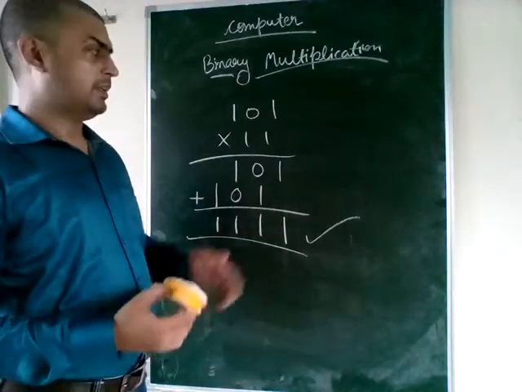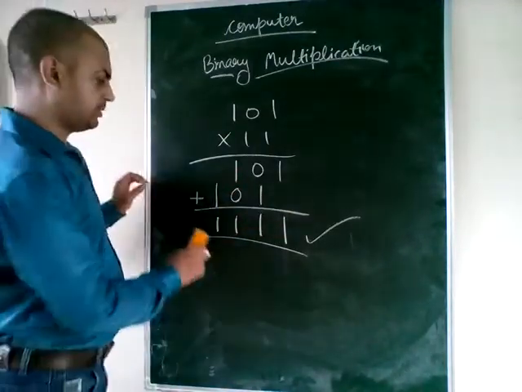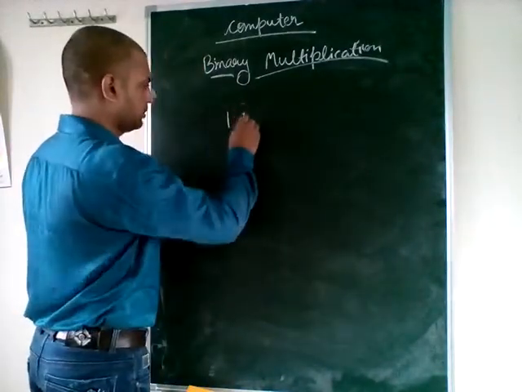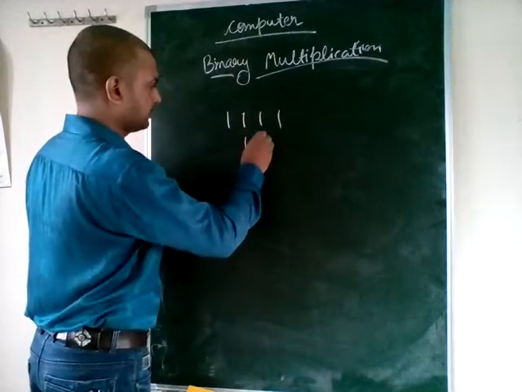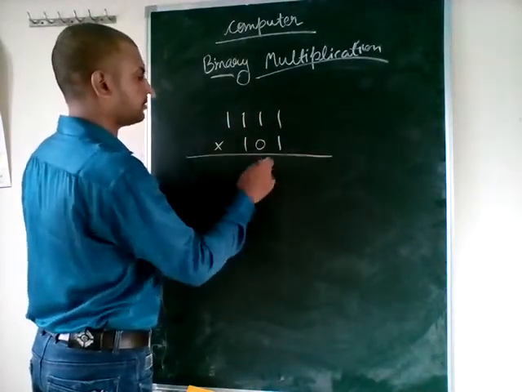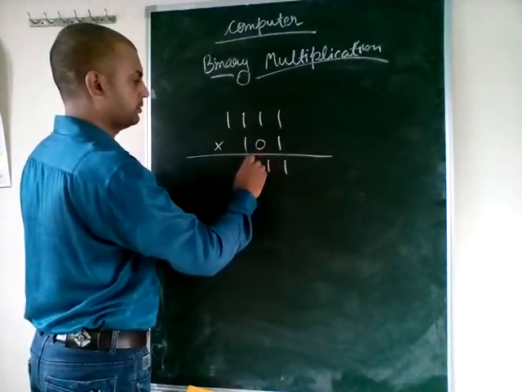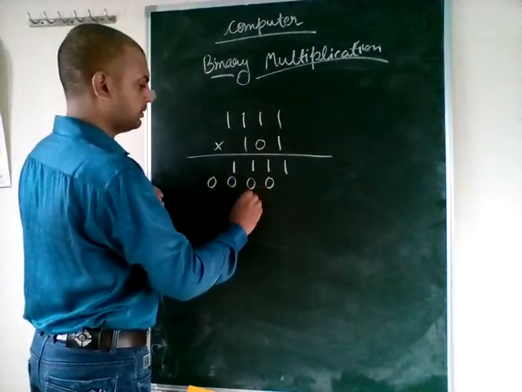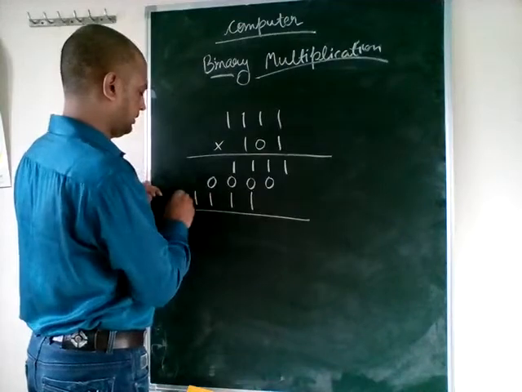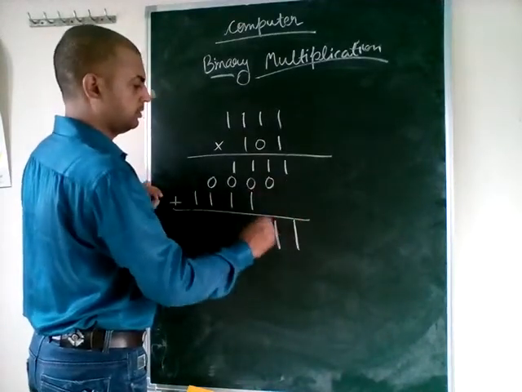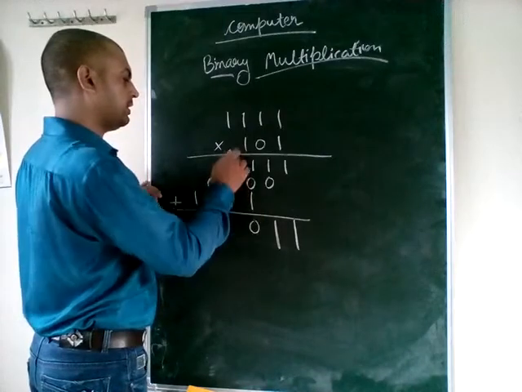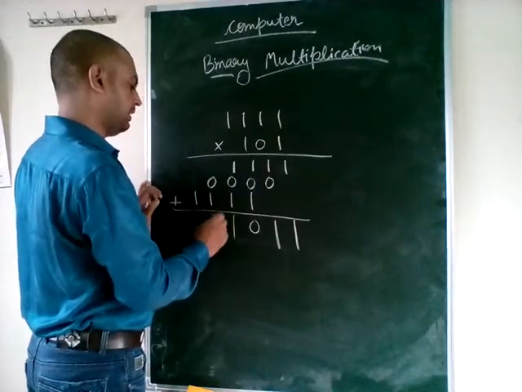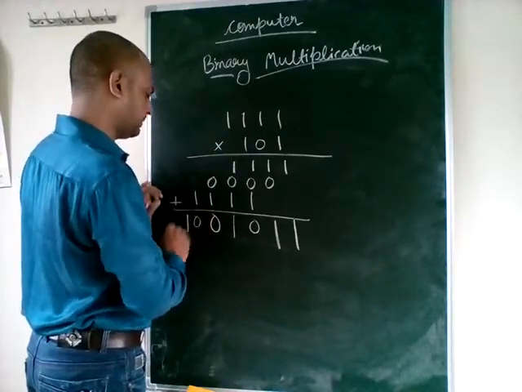In this, note down the question. Now the next question. Multiply by 1, multiply by 0, multiply by 1, then add the numbers. 10, 10, then 1 will come here. 10 and 1, 11, 1, then 1 will come here. 1 and 1, 10, then 1 will come here, then 10.